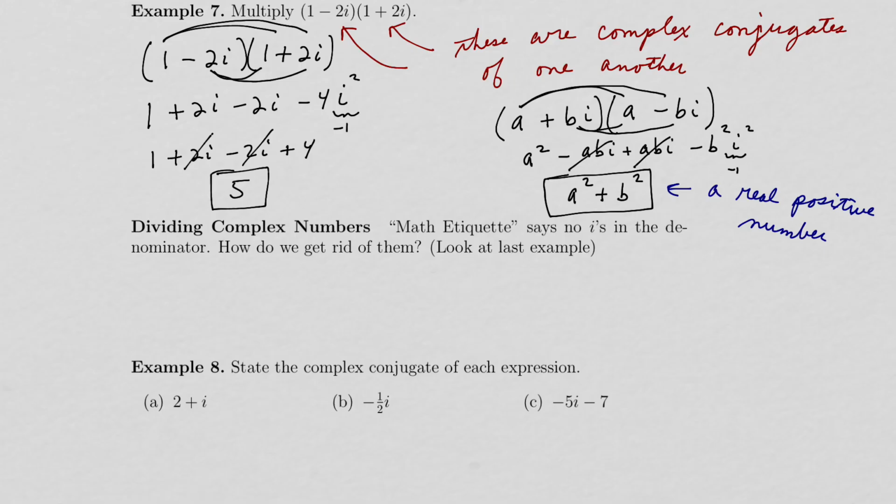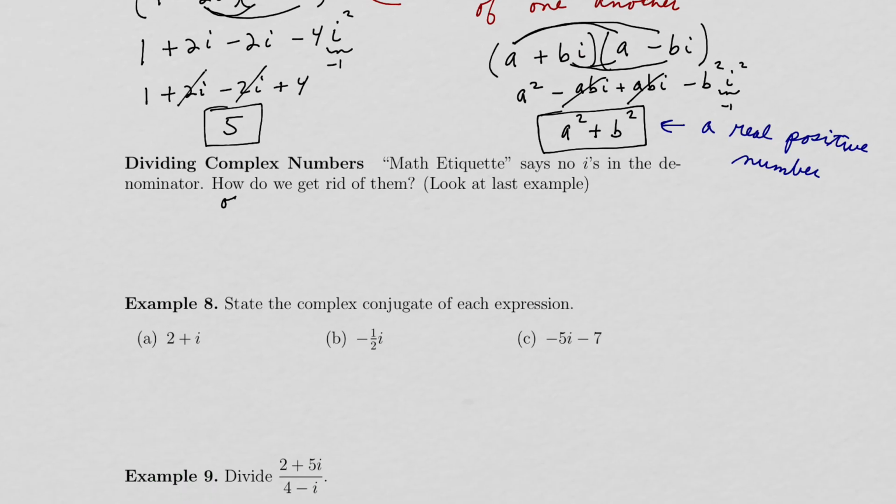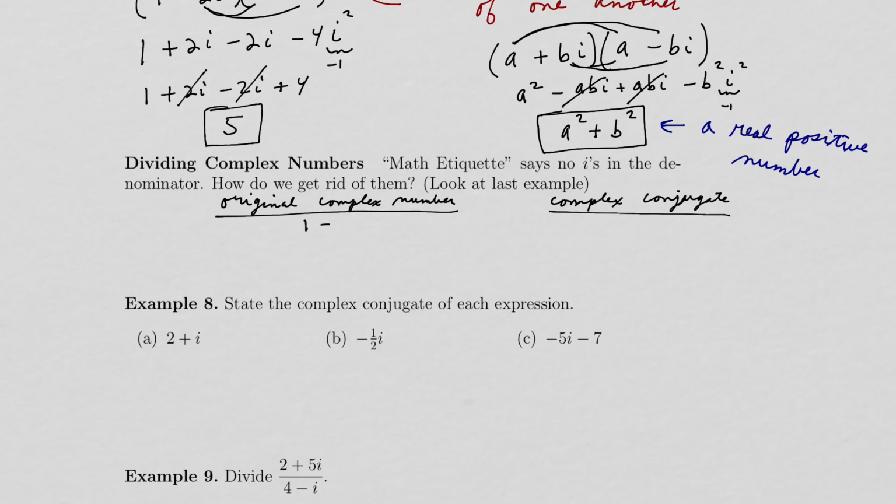So I'll make a little list here. Let's say this is the original number, and I want to write its complex conjugate. Let's say the original number is 1 minus 2i.